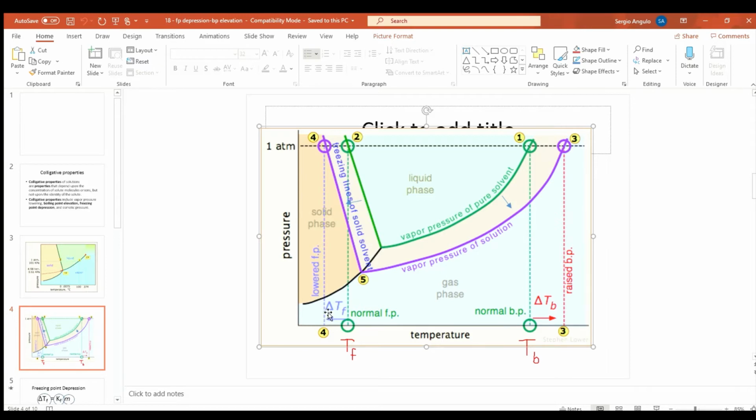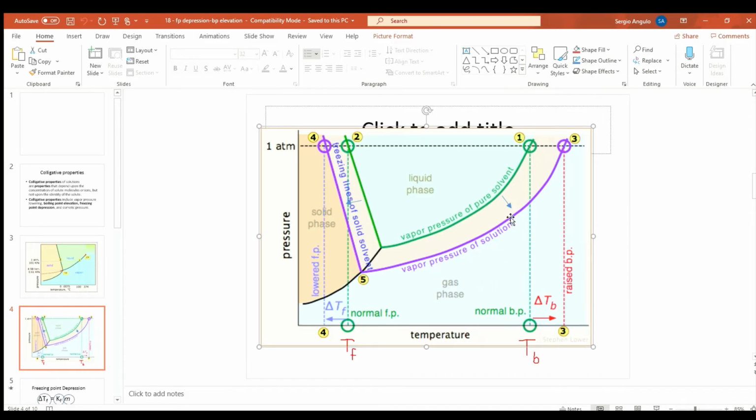So we use the symbol delta to represent change. Delta is very commonly used to represent change in science and chemistry. So delta T subscript F means the change in the freezing temperature. In much the same way, there's a similar effect to the boiling point. Right?